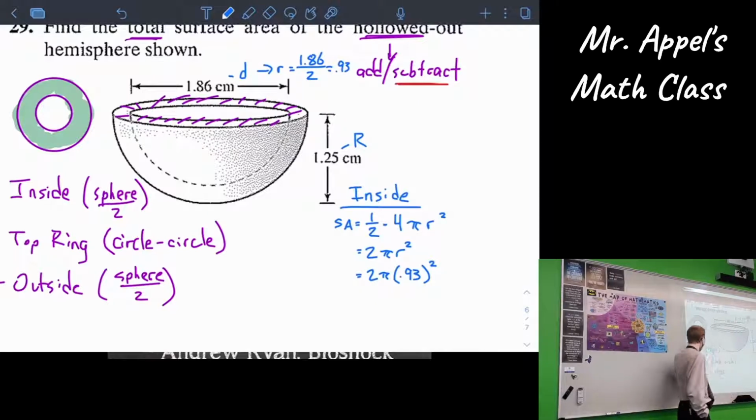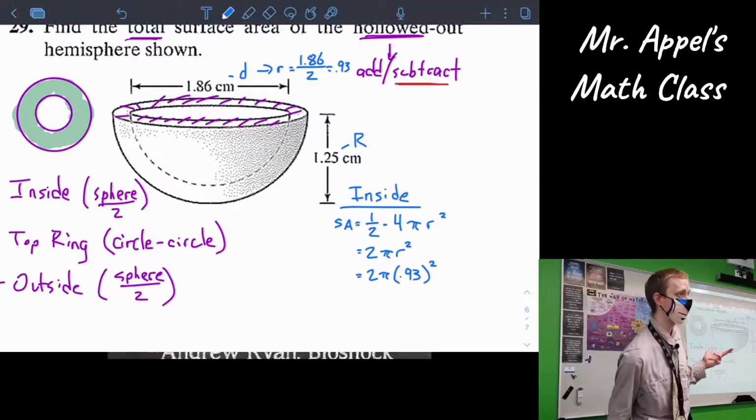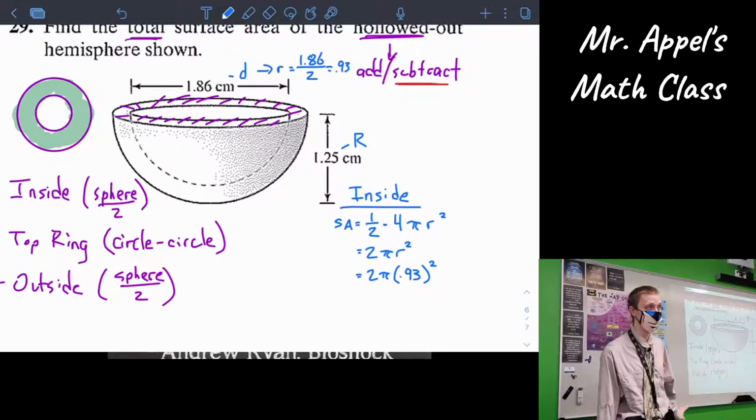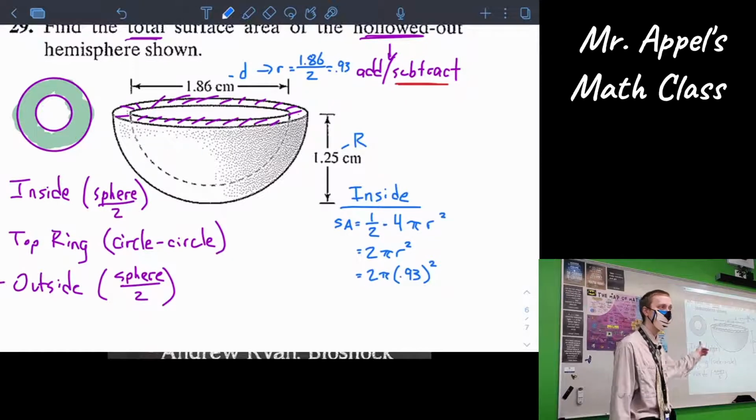But I'm eventually going to be adding it to other numbers that also rely on circles and spheres for their formulas, which will involve pi's, right? So this will be an approximation plus an approximation plus an approximation, which means I'm prone to include errors. If I start rounding now, my answer is going to be off. So I'd rather save rounding for the end.